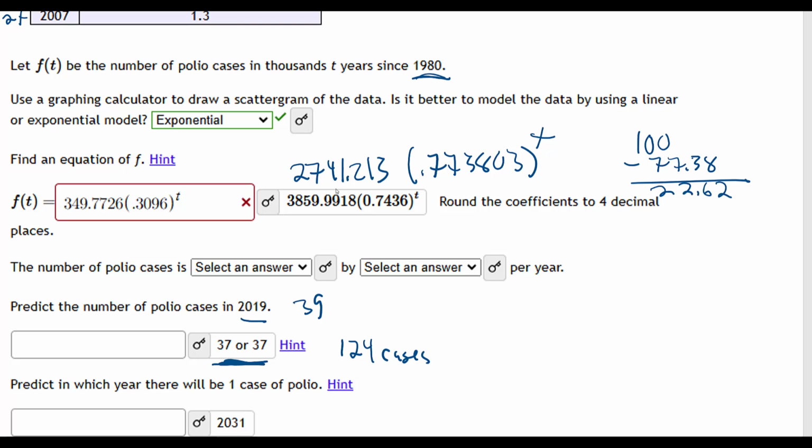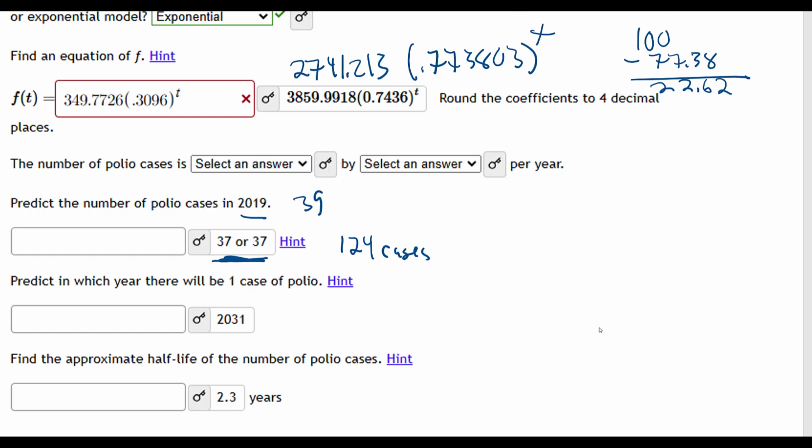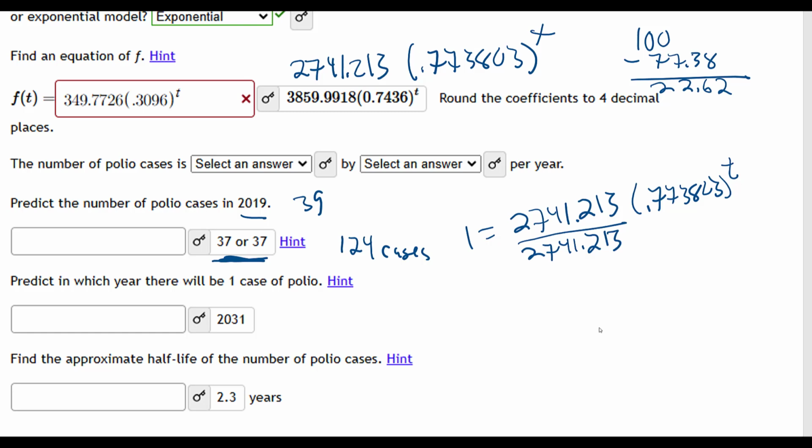So if we said 2741.213 times 0.773803 to the t power, when's that going to be equal to 1? We can divide by this 2741.213. So 1 over that equals 0.773803 to the t power.